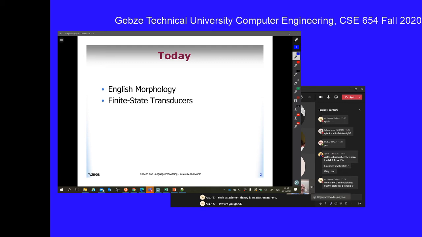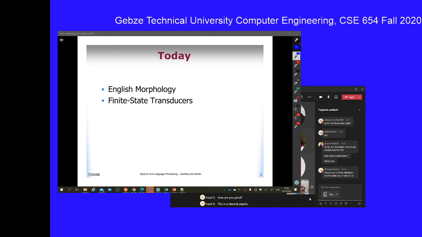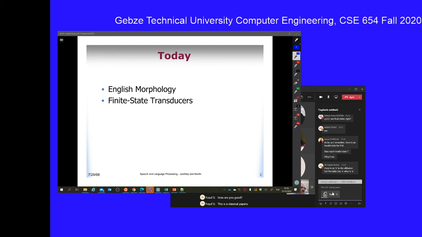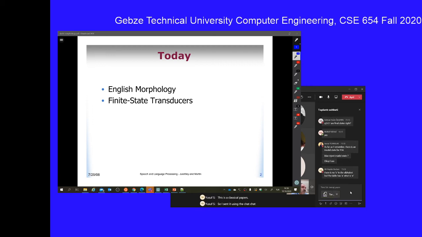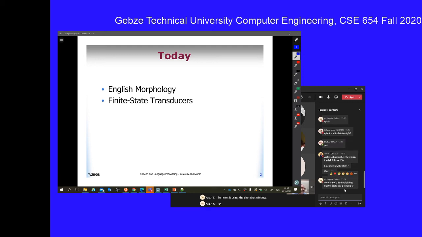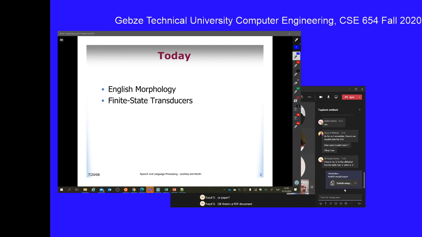This is a classical paper. So I send it using the chat window. Turkish morph paper. Okay, there is a PDF document. Did you get the document?